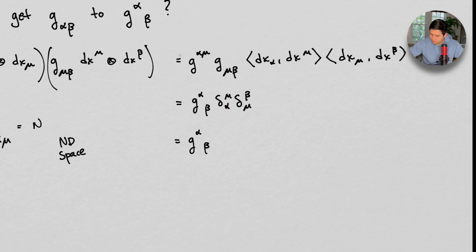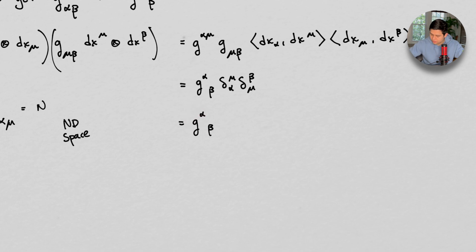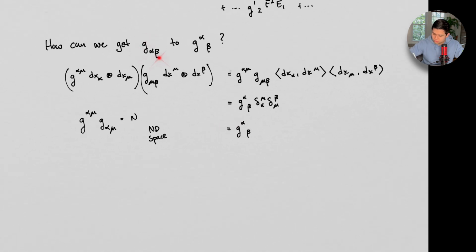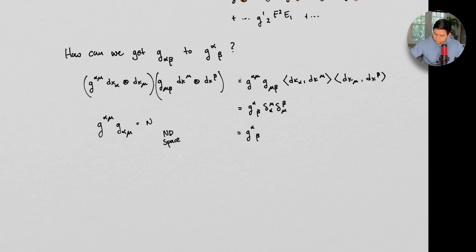Okay. There's nothing to change here, right? Because mu's are going to have to change to alphas. Mu's are going to have to change to betas. Since we have no mu's here, we can just get rid of the Kronecker deltas, and we get this. Right? So we go from two lower components, two covariant components, to a mixed metric tensor, one with a contravariant component and the other one with a covariant component to it.